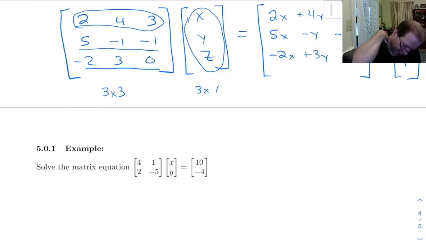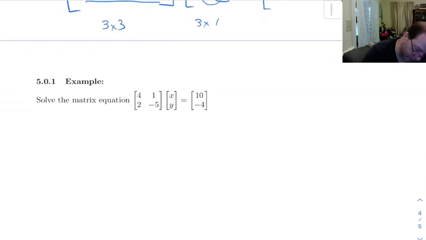Let's look at this example down here. Solve the matrix equation given here. Actually, let's talk about it a little bit, and then I'll show you what I would actually do. If you multiply this out, this right here times this would give you 4x plus y.